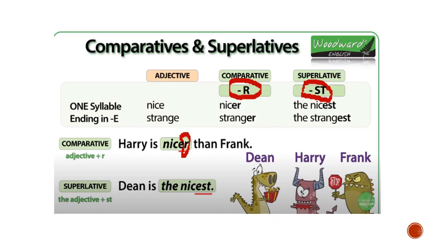Superlative. Dean is the nicest. Here we have the adjective nice. It ends in e and we add only st. Pra, edhe njëherë përsëris, nëse mbiemri njërokësh mbaron me e, në shkallën krahasore ai merr r dhe në shkallën sipërore merr st.